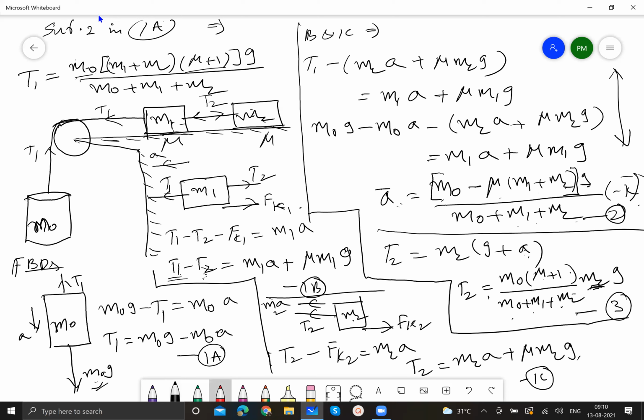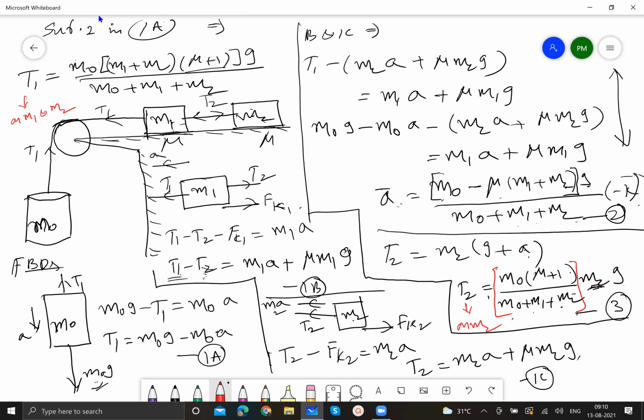T2 acts on M2, so this is common into M2G because it's acting only on M2. T1 is acting on M1 and M2.